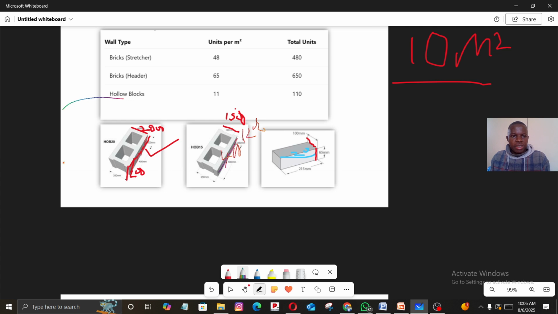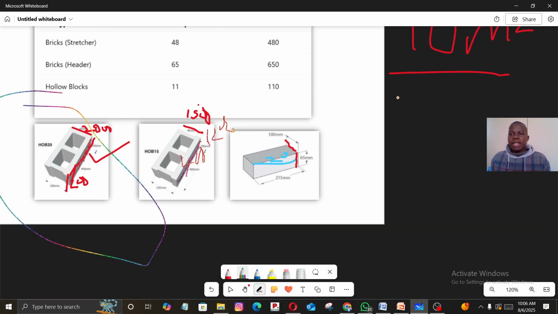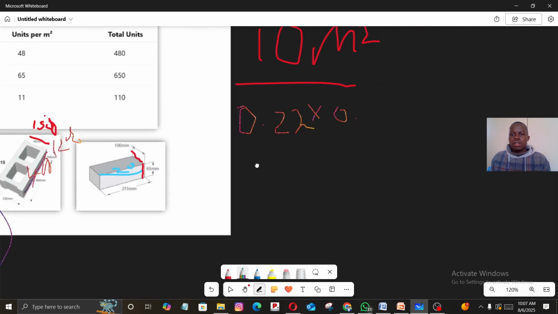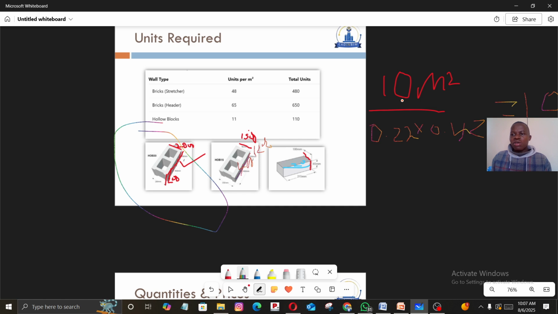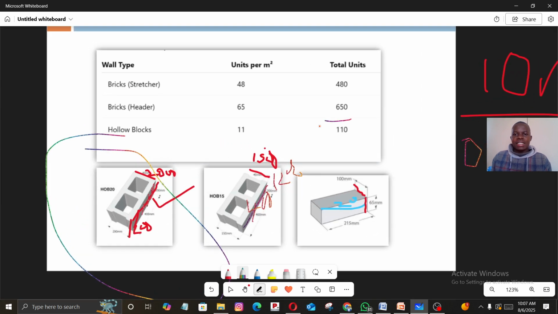If you are considering this brick here, the area will be 0.22, where the 20 is for the mortar, multiplied by 0.1. If you calculate this, you are going to get about 450 bricks. You can do it from your end. If you want to get them in 1 square meter, you just divide by 10.